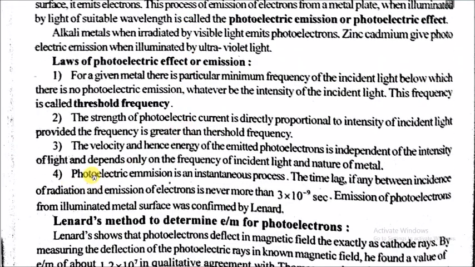Then the last one: photoelectric emission is an instantaneous process. This law says that the photoelectric emission process is instantaneous, and the time lag, if any, between the incidence of radiation and the emission of electron is never more than 3 into 10 raised to minus 9 second.